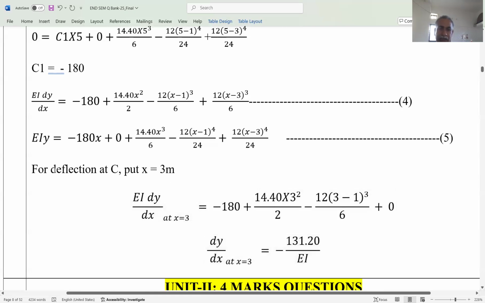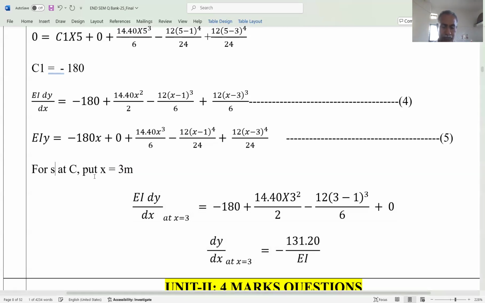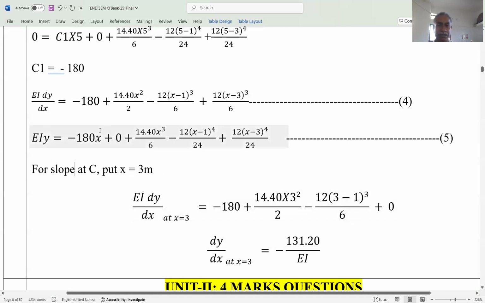This is not the deflection, it is the slope. Similarly, we can find the deflection at C using equation number 5.